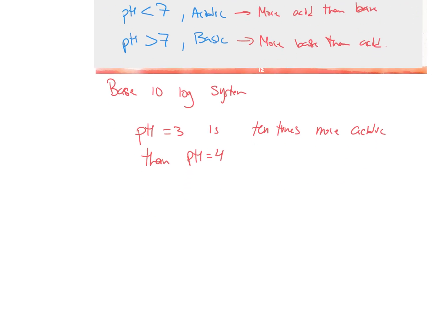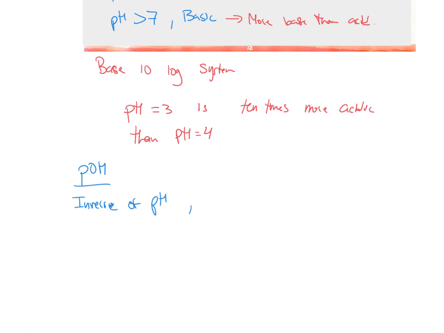Now, I also said there's a concept called pOH. And this is essentially just the inverse of pH. Right, if pH is looking at H+, pOH is the minus base 10 log of the concentration of OH-.